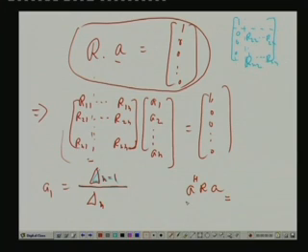A Hermitian is nothing but the vector A transposed and conjugated.